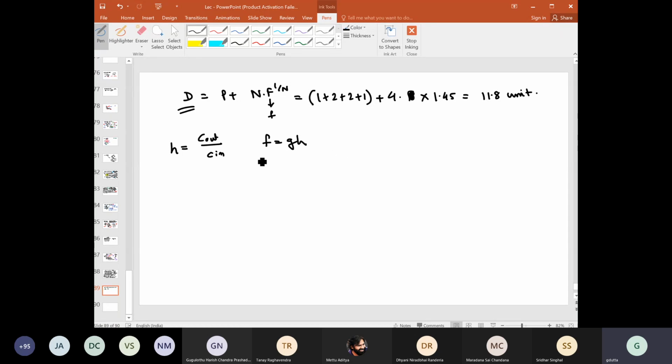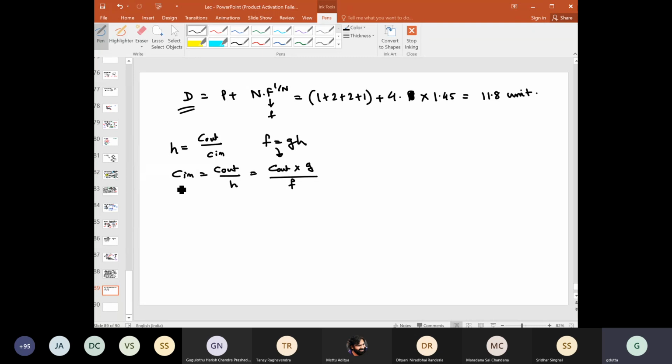So if we have to find C in, then C in can be written as C out by H. Now if you substitute the value of H from here, you can write it as C out into G by F. Just substitute the value of H. Why we are doing so will be clear to you right now.